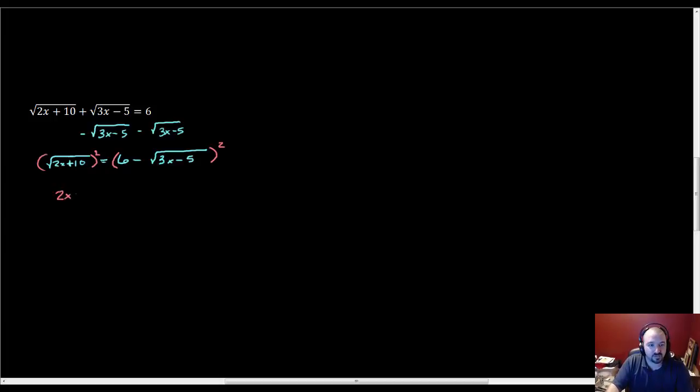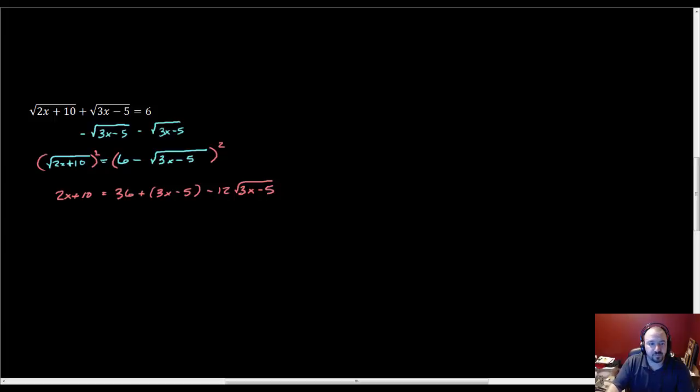So that's going to give me 2x plus 10 is equal to, and again, our little trick from before, square the front, square the back, and it's always positive. Multiply the 2 things inside, so negative 6, and then double it for negative 12 roots of 3x minus 5.